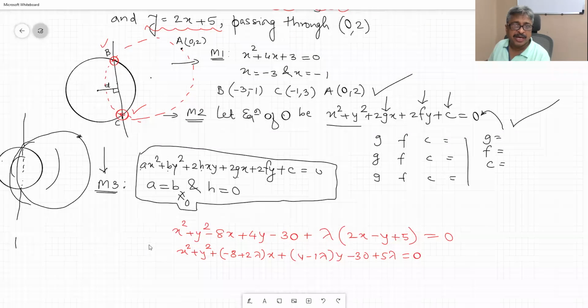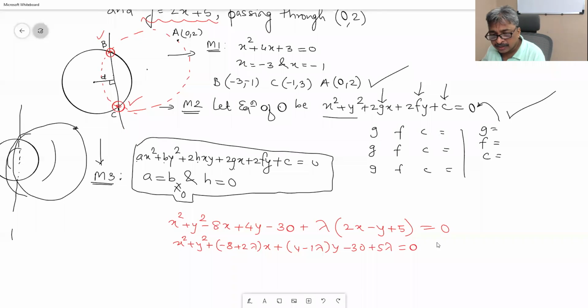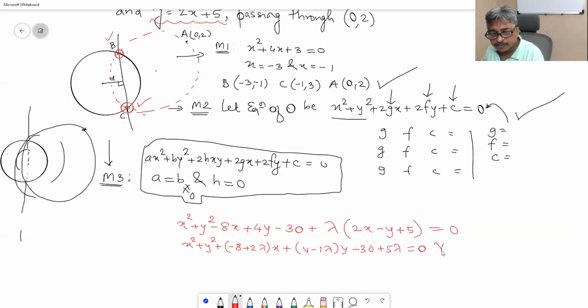It is the same equation I have written again. Now if I compare this equation with this requirement of a circle, yes, this is a circle. So what kind of circle is this? If I put different values of lambda, I will get different circles. Now, will all these circles pass through B and C? Yes, because B and C satisfy this equation always for any value of lambda.